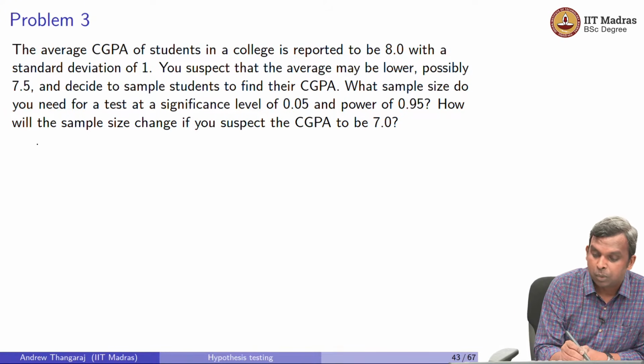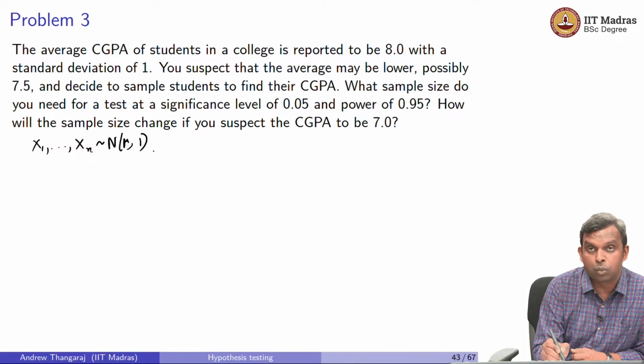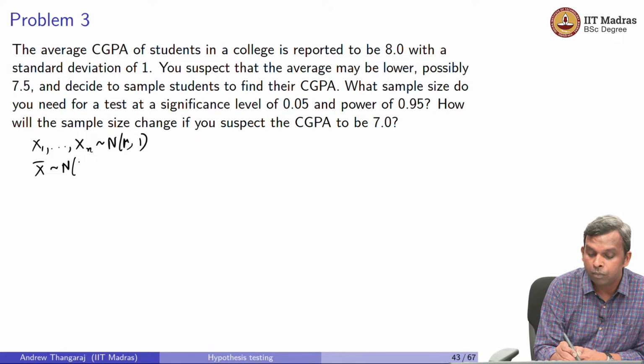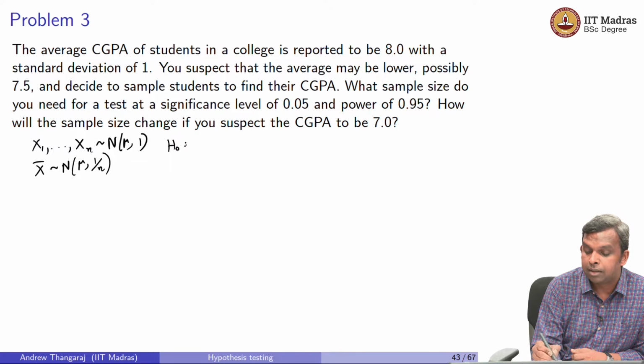So the samples are x1 to xn, you don't know n, and you want to say it's normal with mean mu and variance 1, right? So x bar is going to be normal with mean mu and variance 1 by n. This is your x bar, and your null hypothesis is always mu equals 8.